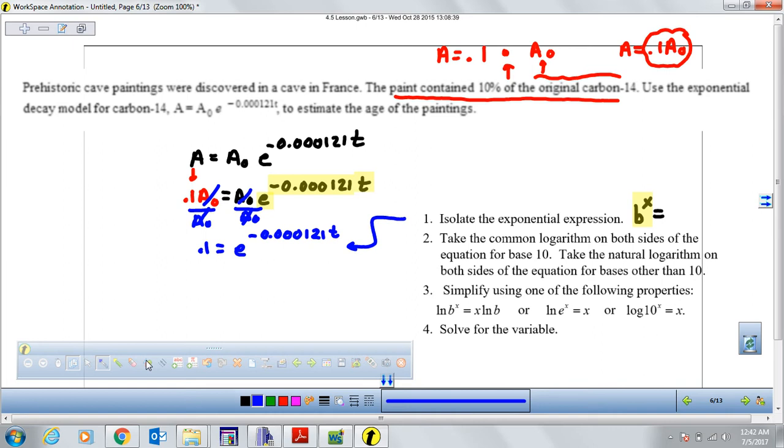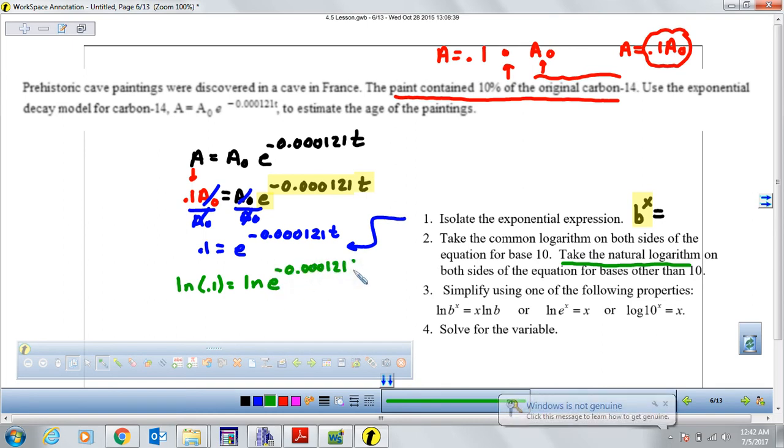The second step, as you may remember from the process, is that you need to put logs or natural logs on both sides. I recommended in section 4.4 that you use natural logs. So I'm going to take the natural log on the left side and the natural log on the right side. That's what I did next. Step 3 in the process.